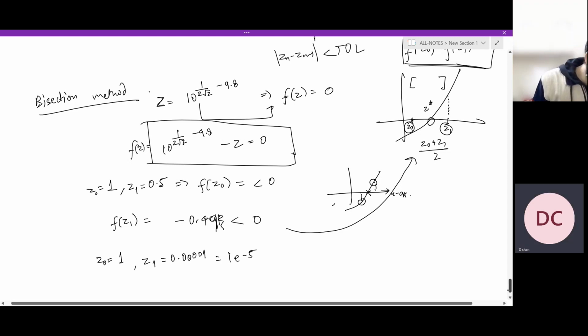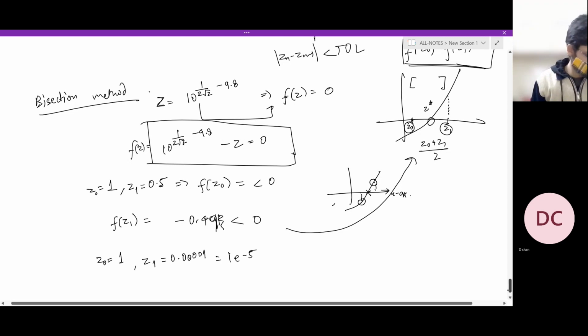I don't know why the calculator is always showing an error.